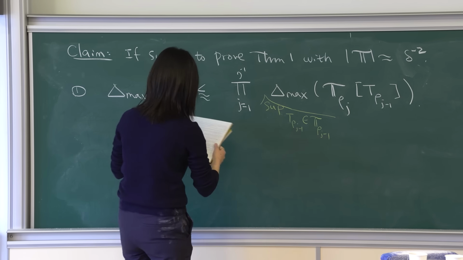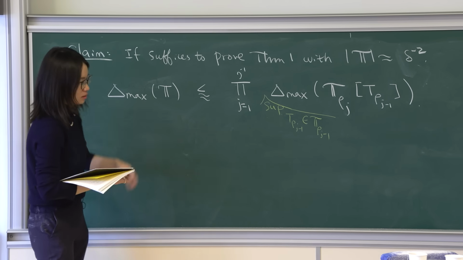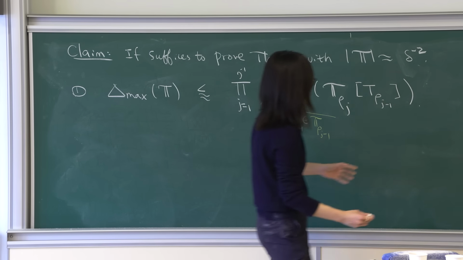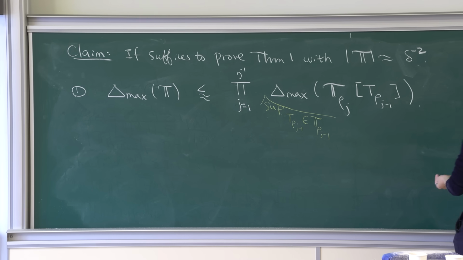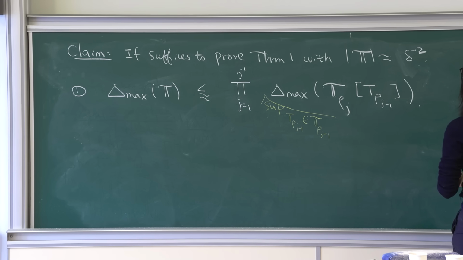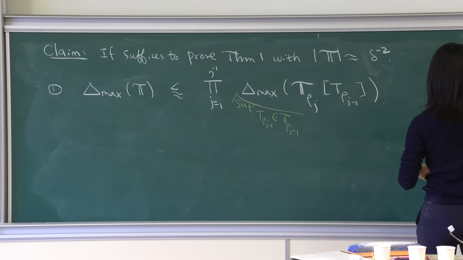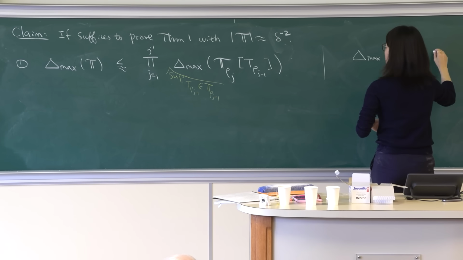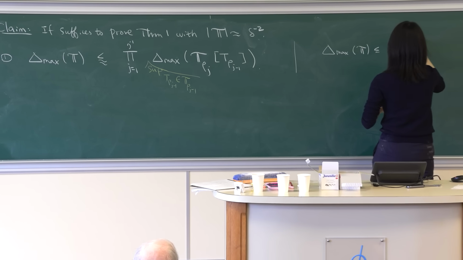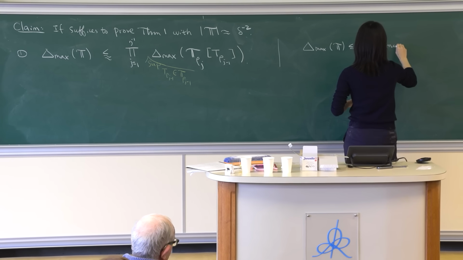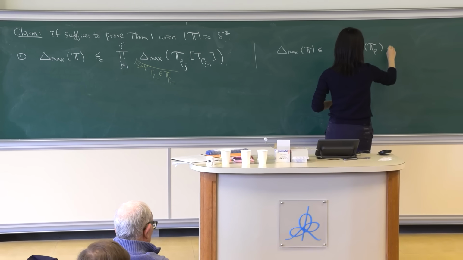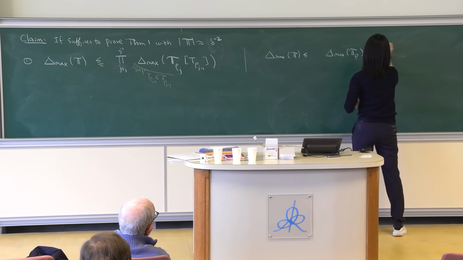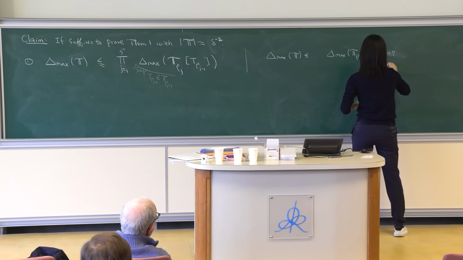But we have that. This first part is not too hard to prove because it suffices to prove it for, let's say, two scales. So the proof idea for the first part is just, let's say we have one rho. The density of delta tubes is at most delta max of T rho times the sup of T rho.